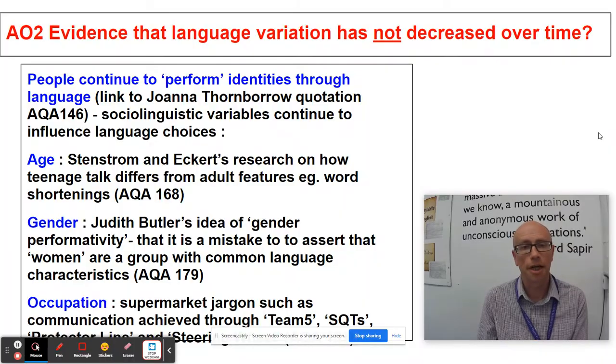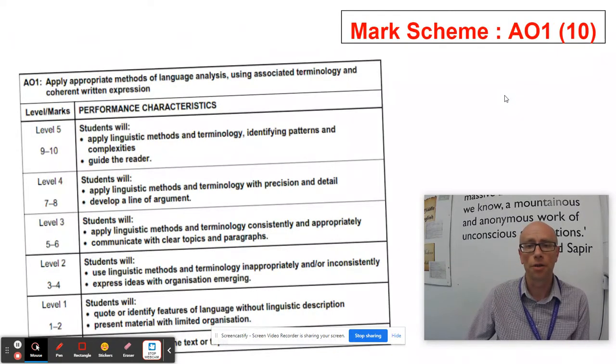The example given in the textbook is jargon used in a particular supermarket where communication is achieved apparently through Team 5, SQT, Protector Line, and steering wheels, whatever that means. So complete gobbledygook to the rest of the world, but obviously means something very specialised in these occupational groups.